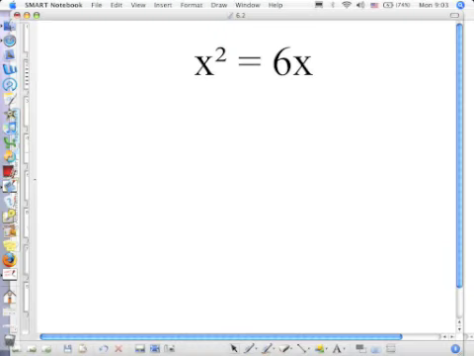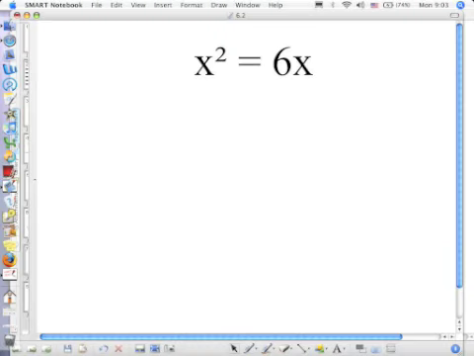Something to remember while you are doing this, you want to try to keep your x squared term positive. It doesn't matter what side you bring what to, but you want to try to keep x squared positive. It makes it easier when you factor.